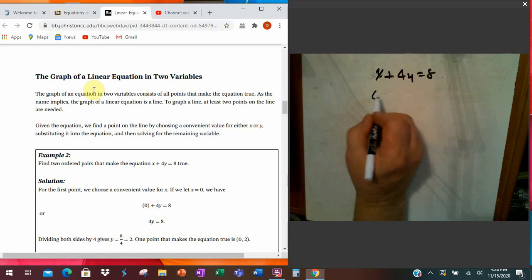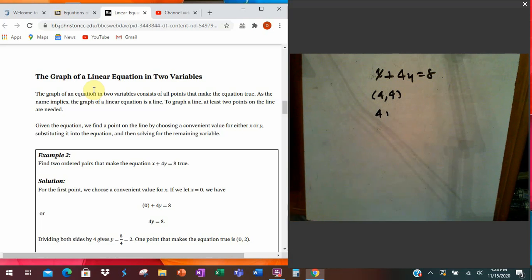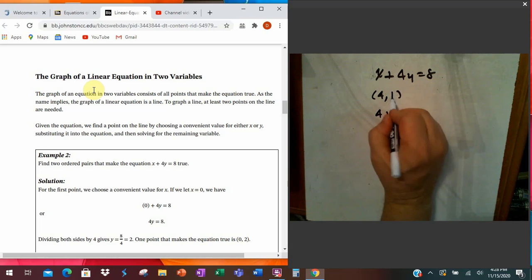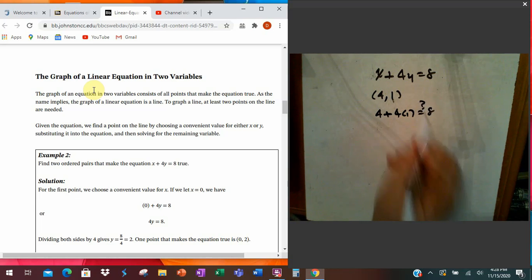I could do 4 and 4, the point (4, 4), x equal to 4, y equal to 4. If I did that, no, that's not going to work. I'm sorry, (4, 1), that was what I was thinking. 4 plus 4 times 1, does that equal 8? And that works, so the point (4, 1) works.